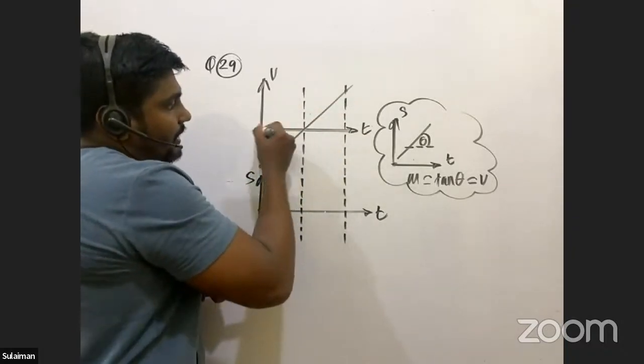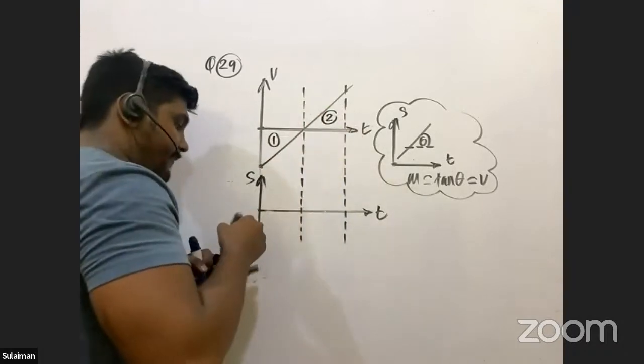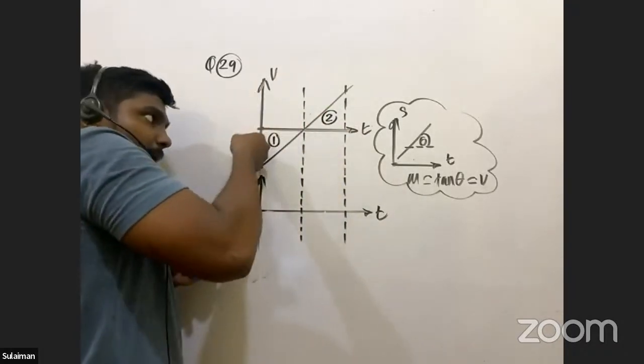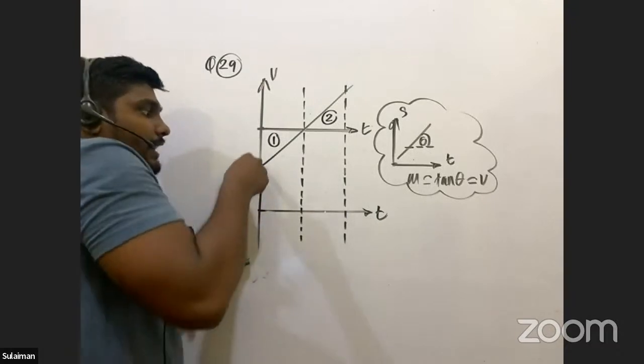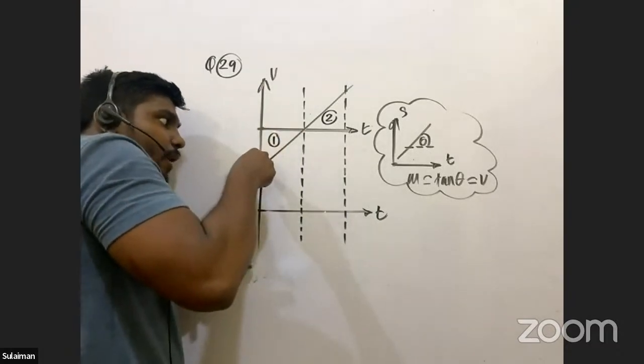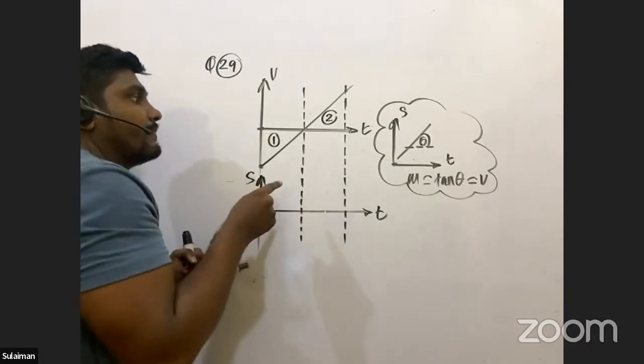If you consider section 1, what's happening to your velocity? During this section, your velocity is negative.